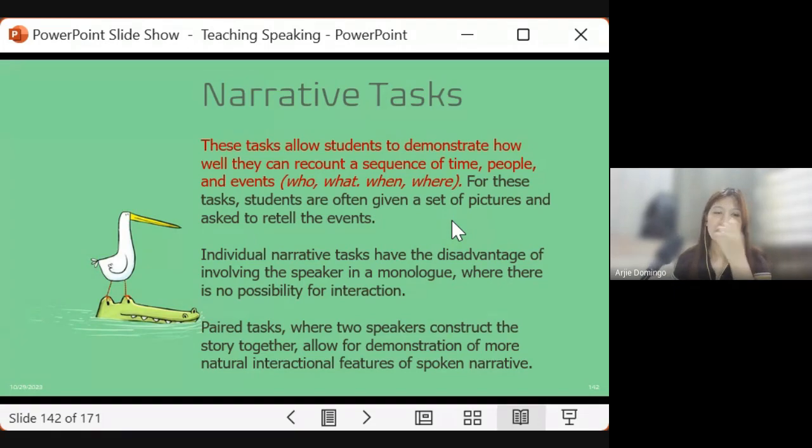Narrative tasks could be individual or paired also, just like the description task. In a paired task, it's quite fun because the pair or the group could construct their story together. It's like finishing each other's sentences.